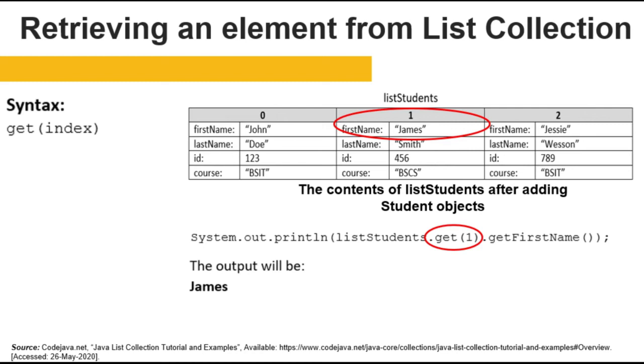We use 1 as the index position of the second element from the list collection since index always begins with 0, followed by the getter of the first name class field, which is getFirstName. Therefore, we will be able to display the first name of the student at the second position or index 1 and the output is James.